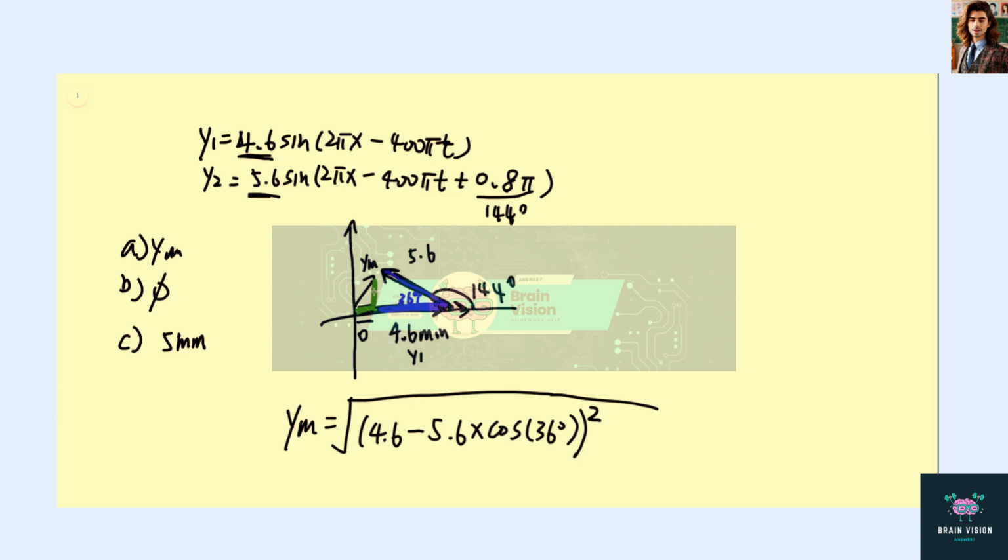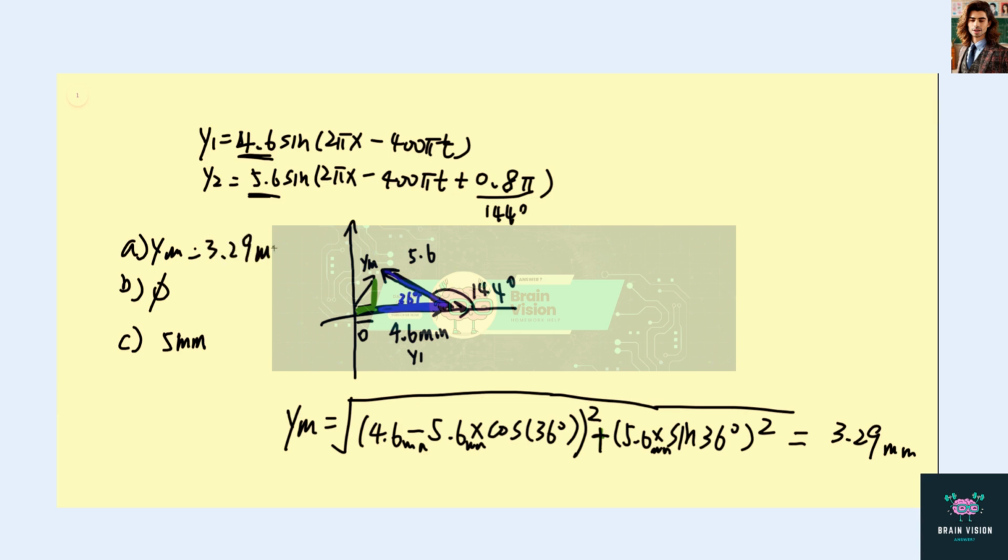This vertical one is 5.6 times sine 36 degrees. Squaring and adding, the final is 3.29 millimeter. It is the length of the resultant wave. Ym equals 3.29 millimeter.